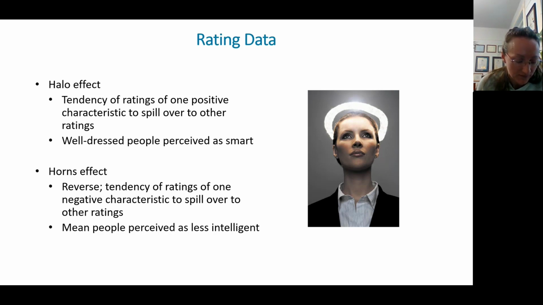Put it this way. Imagine that we had a rating scale for, let's say, being a good student. I'm just making this up, but let's say it had a bunch of items on it. It's like a performance rating.